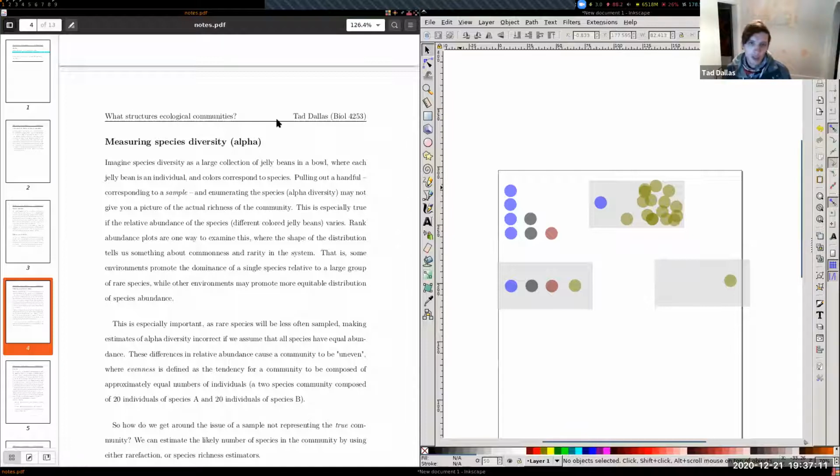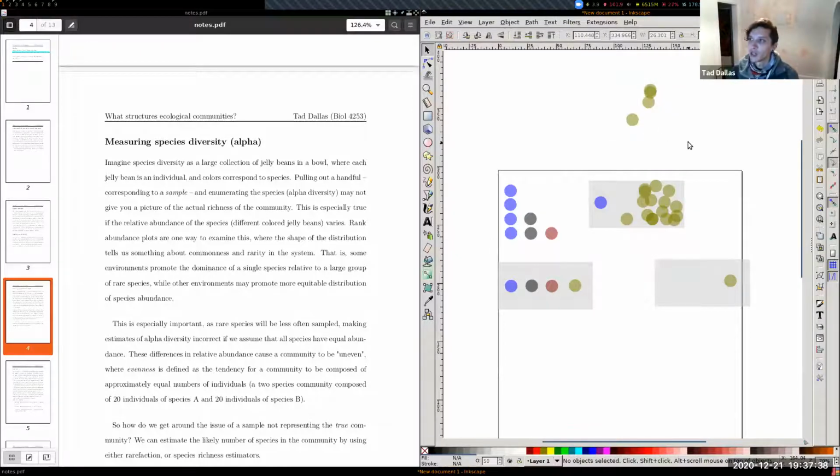But we don't do this. It's cost prohibitive, right? You can't count all the blades of grass and all the different species in a tropical rainforest plot. It's just not possible. And so often what we do is take a sample and assume that this sample is representative. So in this community here, I may just go like that, and I just highlighted the box. That's my sample.